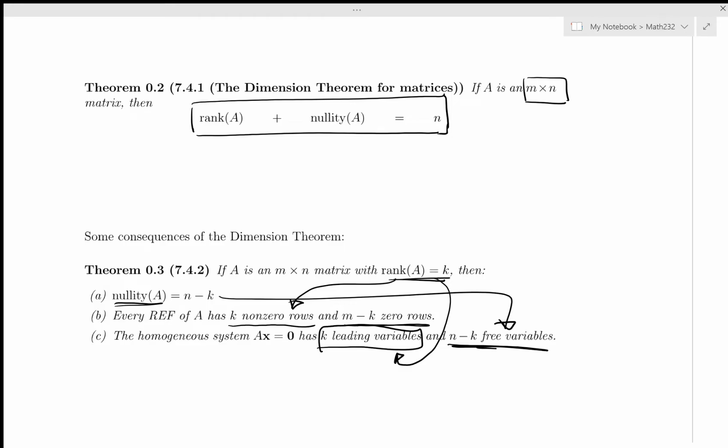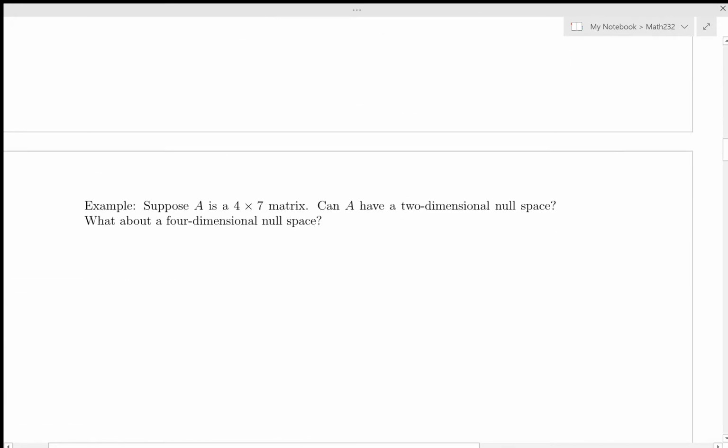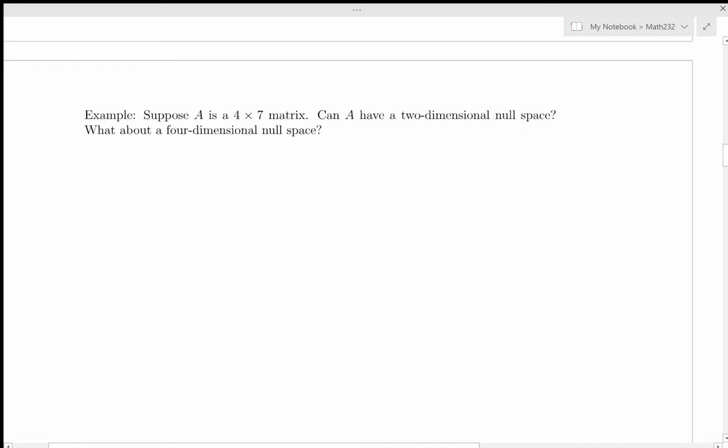Let us just take a look at an example of what we could say about a matrix. Imagine we have a 4 by 7 matrix, so we have some matrix A. That means it has 4 rows and it's got 7 columns.